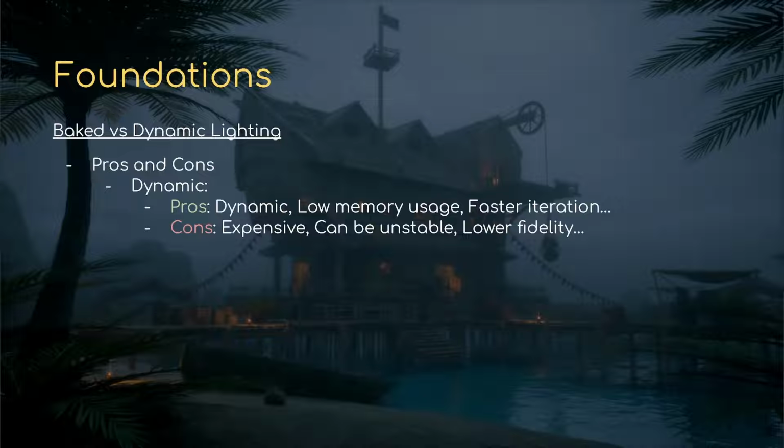So it's prone to have some more noise or some more flickering on the lights, that kind of thing. And it also tends to be lower fidelity. Like we will see later, for example, shadows tend to be more grainy. For example, global illumination is less accurate sometimes. So we'll see that later.